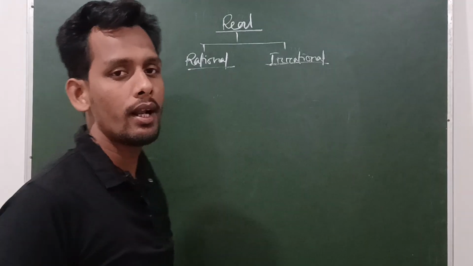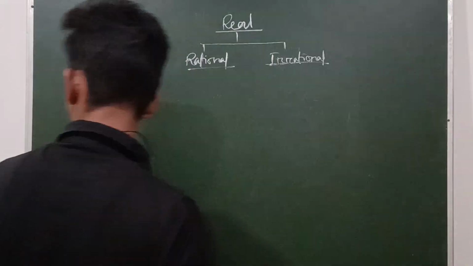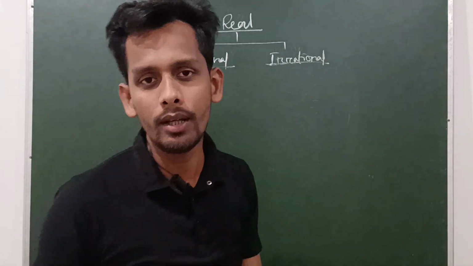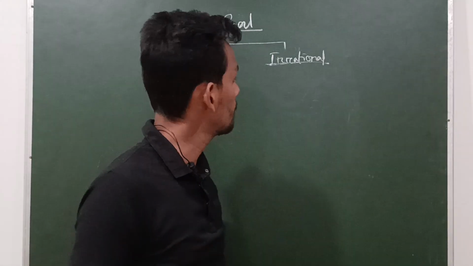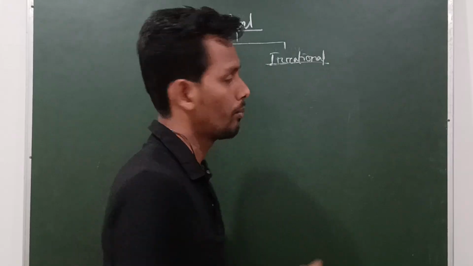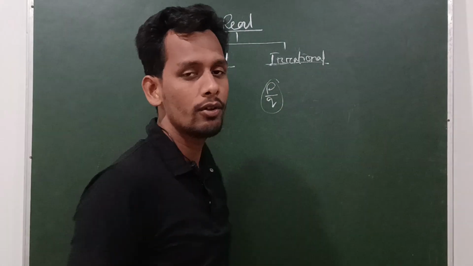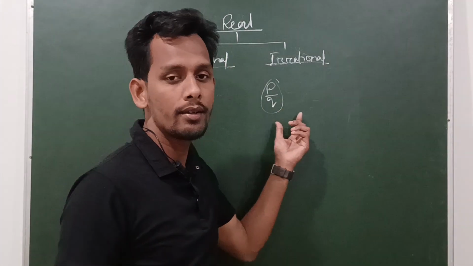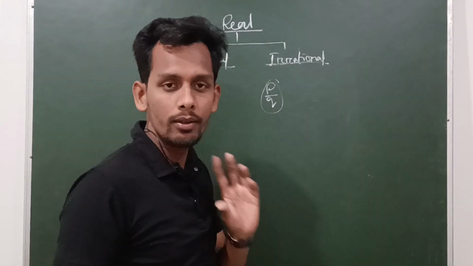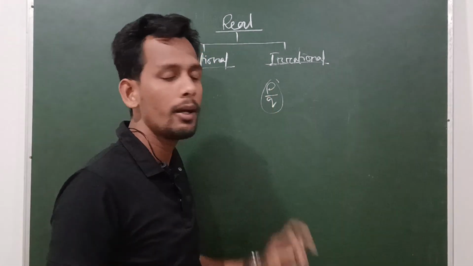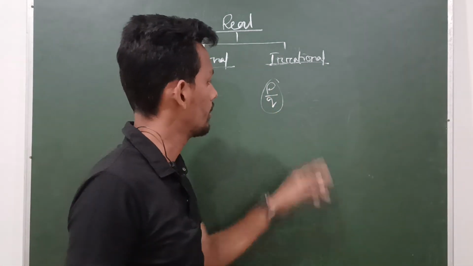Rational numbers, you know the definition: those numbers which can be written in the form of p by q, meaning a fraction. If you can write a number as p by q, you can say it is a rational number. But the main condition is that the numerator and the denominator should be integers.